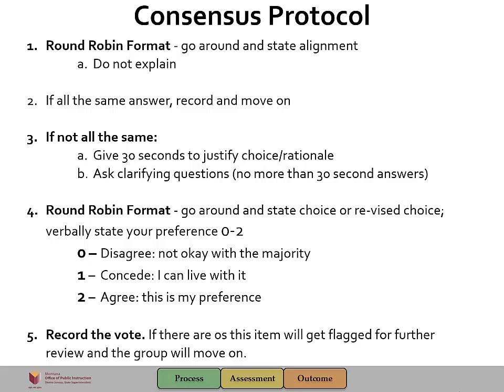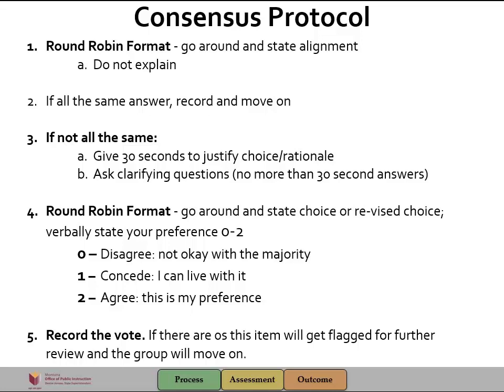Now hearing everyone's rationale and evidence supporting their reasoning for their classification, you'll go around and state your choice or your revised choice. Now would be the time for individuals to state their final decision for the item. Here it is important to note again that consensus means you can live with the decision, not necessarily that it was your primary choice.